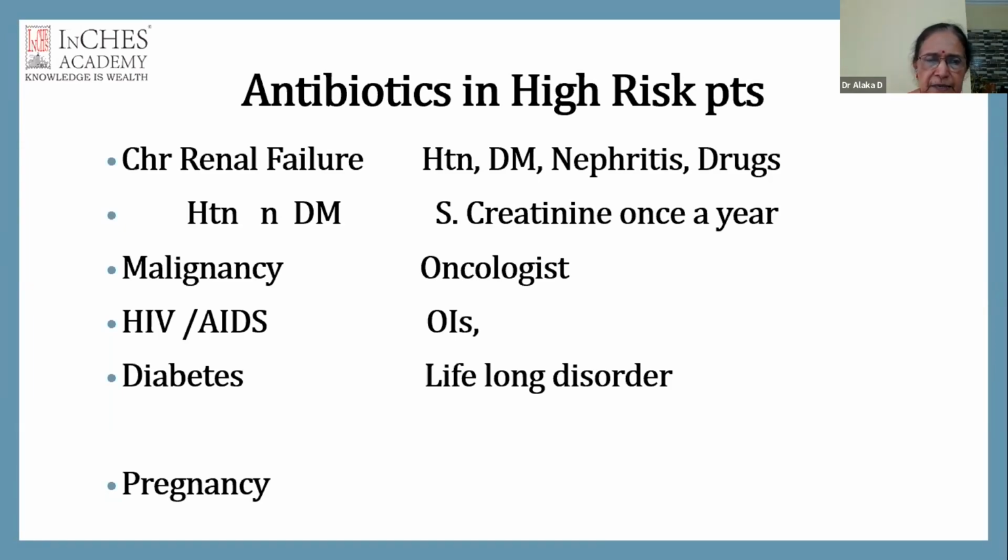Now, when you see such a patient with hypertension and diabetes, when you are following up this patient, please do serum creatinine once a year. When the creatinine starts rising, make it twice a year. Now, don't measure only serum creatinine. You also measure eGFR. So you know what is the glomerular filtration rate, how it is reducing.